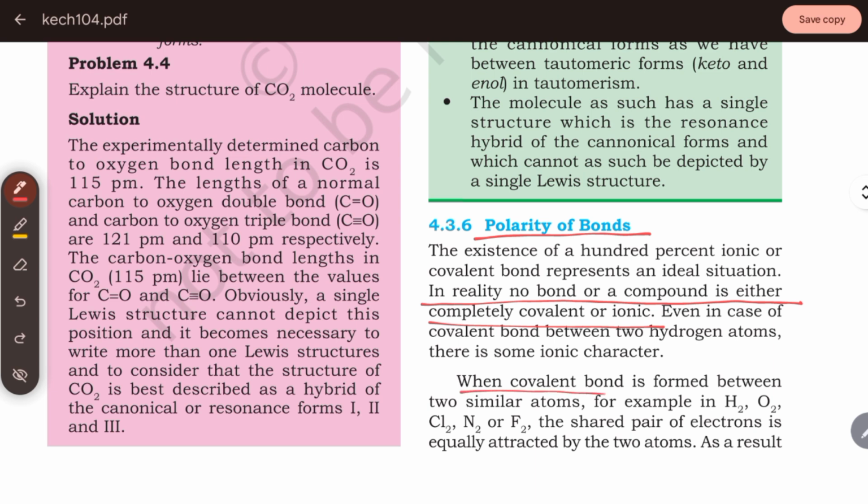When a covalent bond is formed between two similar atoms, these are known as homoatomic molecules, AA type molecules. There is no electronegativity difference between them, and so the shared pair of electrons is equally attracted by the two atoms.